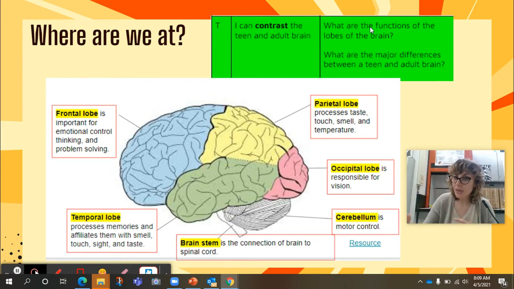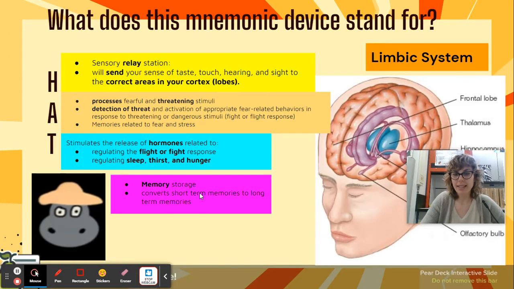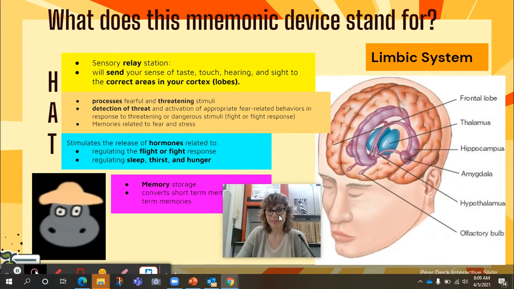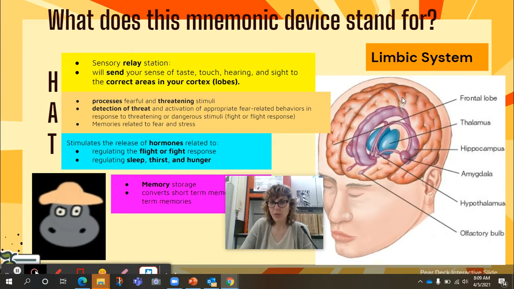Now we learned about another part of the brain. If we go deep inside past that cerebral cortex into the middle brain called the midbrain region, we see the limbic system. And so that's all of the colorful items here in the middle of the brain. And so we had a mnemonic device to help us to remember those really important structures in the limbic system, HAT HIPPO.